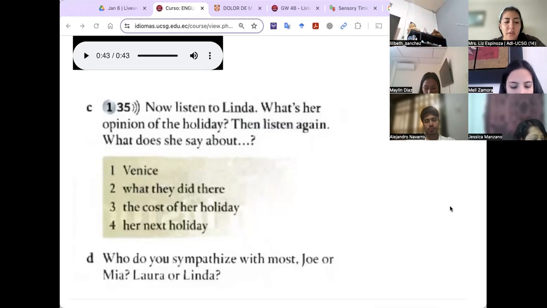So here it says that you may answer, who do you sympathize with most, Joe or Mia, Laura or Linda? Only write the name in the chat, the one that you say, oh, I'm sorry for her, or for him. Write the name of the one that you sympathize with the most.